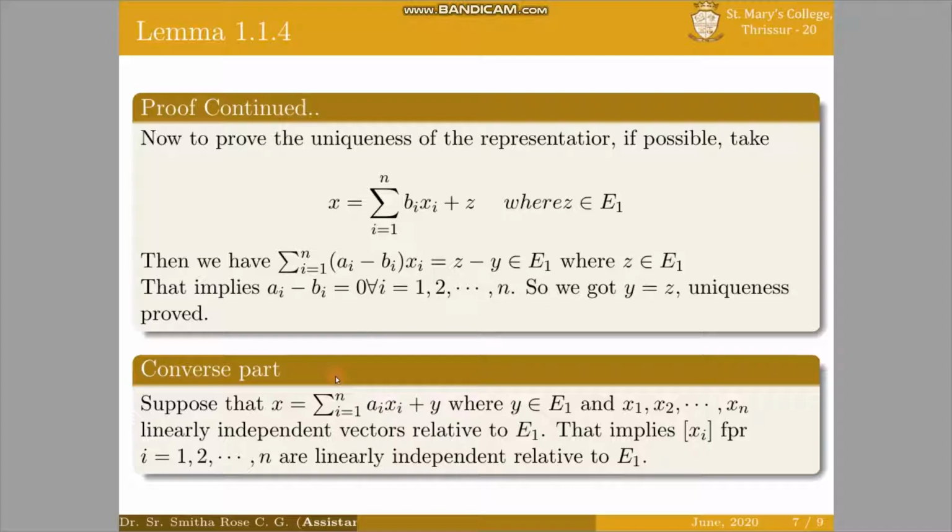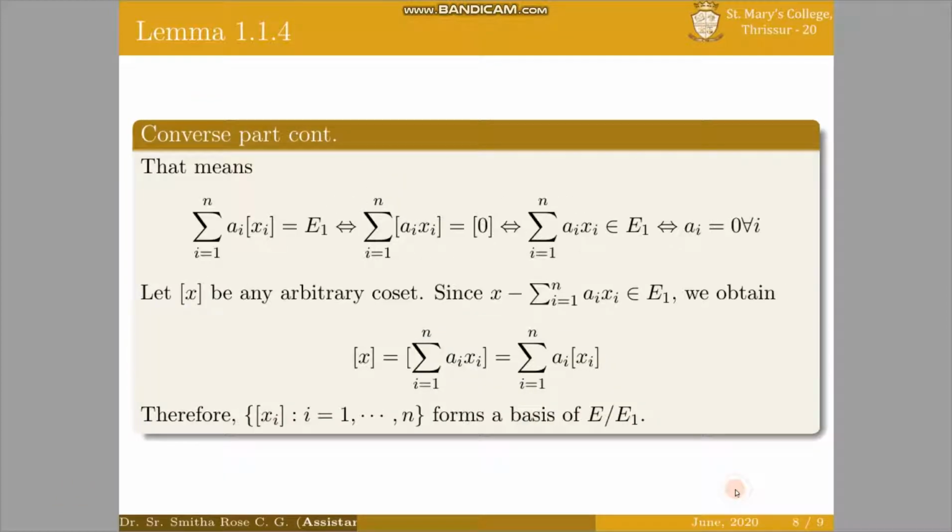For the converse part, we suppose that x is equal to the linear combination summation i equal to 1 to n ai xi plus y, where y is an element of E1. And we are taking x1, x2, etc., xn to be linearly independent vectors relative to E1. That implies coset xi for i equal to 1 to n are linearly independent relative to E1.